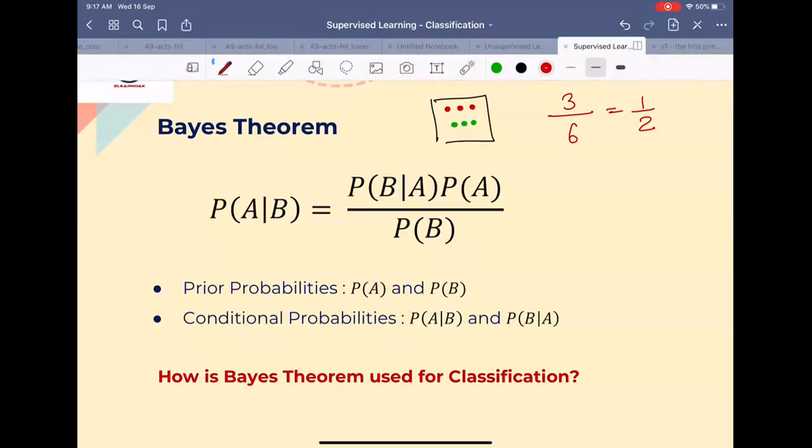Okay, so the probability of event B, just event B. Let me rephrase it. Event B is putting your hand inside and getting a ball that is green in color. Okay, getting a ball that is green in color. Now, in this case, since event B happens after event A, there are 2 different possibilities.